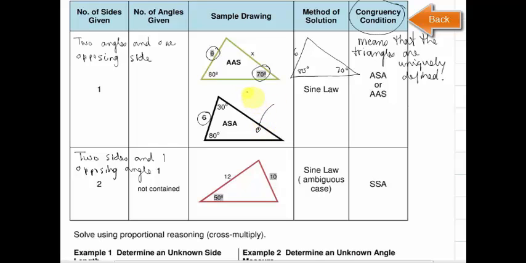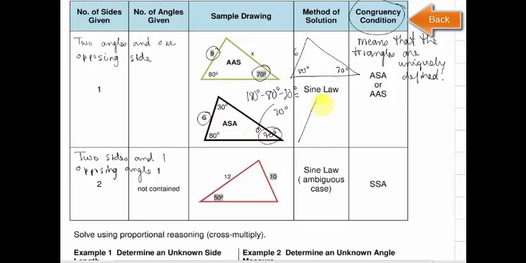So I could just go 180 minus 80 minus 30, because I know all angles in a triangle add up to 180. And when I go 180 minus 80 minus 30, I would get 70 degrees, so I would know that this angle here is 70 degrees. And so now I have a side opposite an angle, or an angle opposite a side.